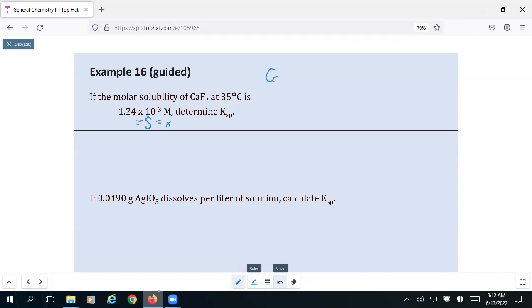So we can set things up the same way that we had them in the previous problem. This much hasn't changed. We're starting with no concentration of either of the ions. We add 1x and 2x.